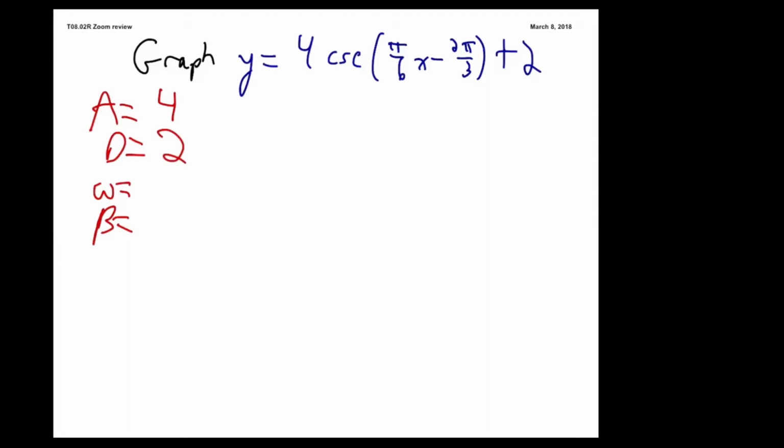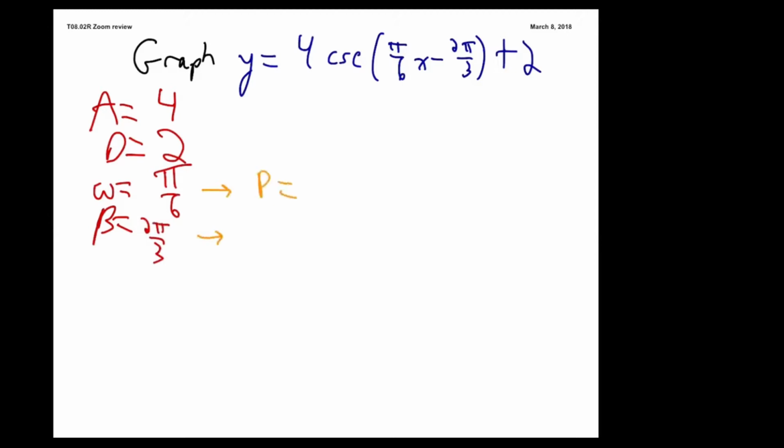Or not W, omega. Omega is pi over 6. Good. Beta equals 2 pi over 3. Good. And that lets us turn these into the things that we can graph with.